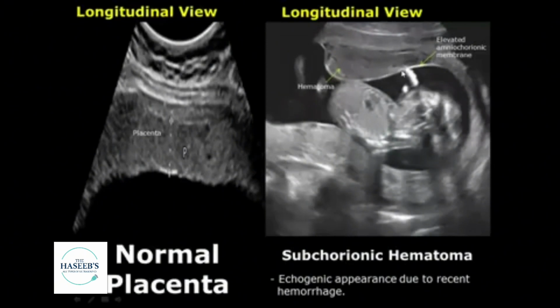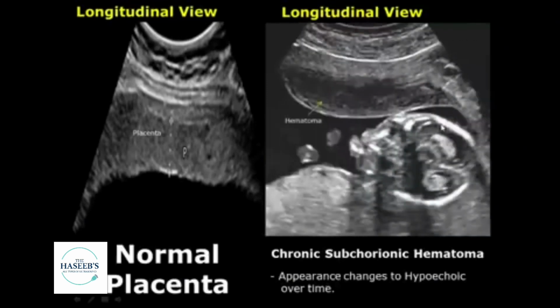And a fresh hematoma will appear echogenic. Over a period of time, around 10 to 11 days, the hematoma will have a hypoechoic appearance. This change in appearance can distinguish it from a placenta.